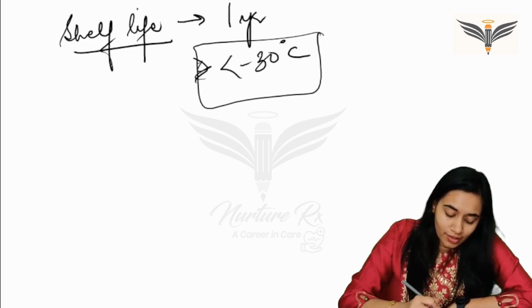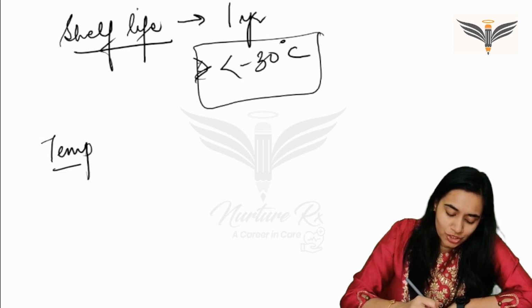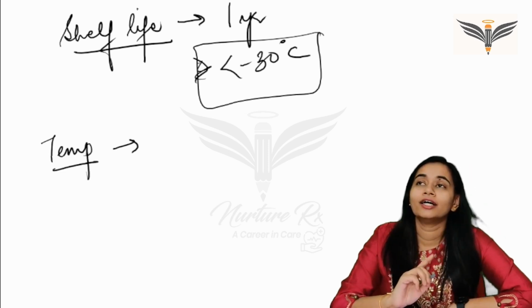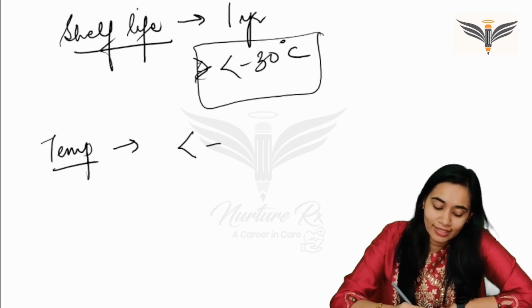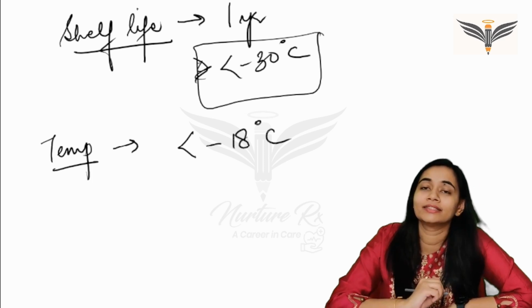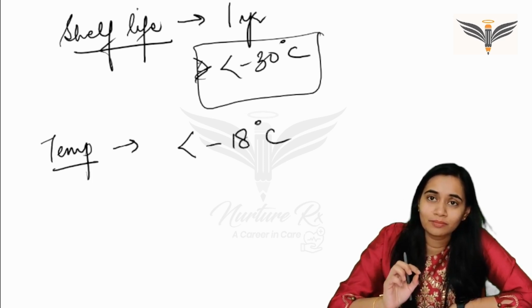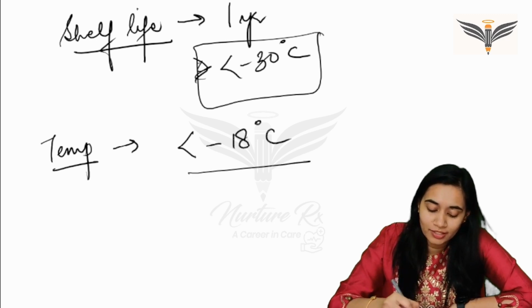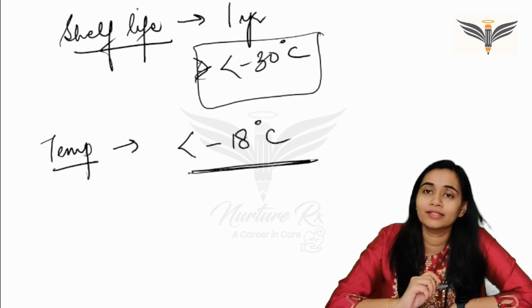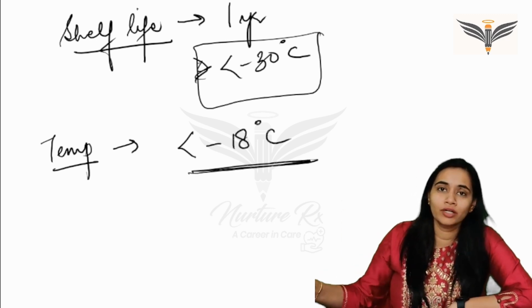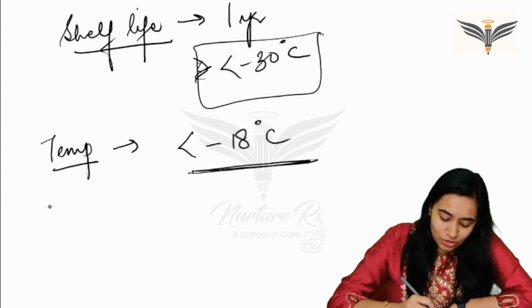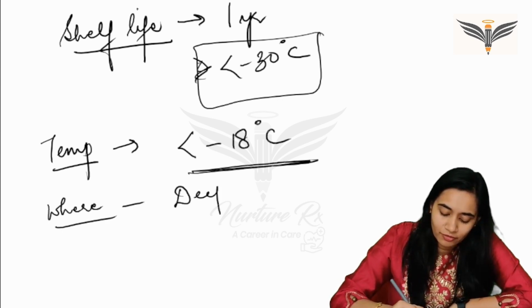Now storage temperature. Storage temperature is anything less than minus 18 degrees centigrade. Your fresh frozen plasma or your PF24 has to be stored at minus 18 degrees centigrade or lower. And where is it stored? It is stored in deep freezers.